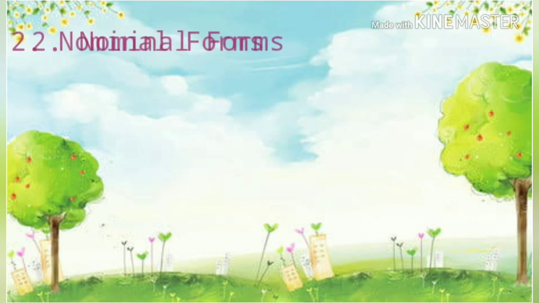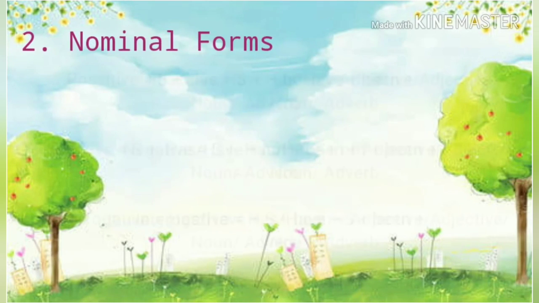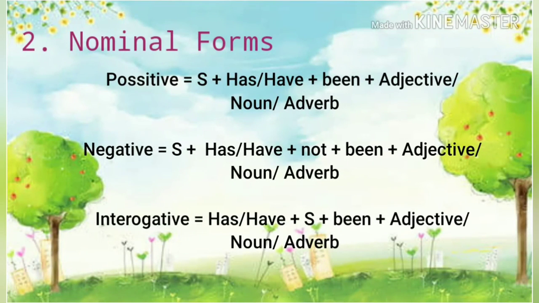The second pattern, positive: subject plus has or have plus been plus adjective or noun or adverb. Negative: subject plus has or have plus not plus been plus adjective or noun or adverb. Interrogative: has or have plus subject plus been plus adjective or noun or adverb.